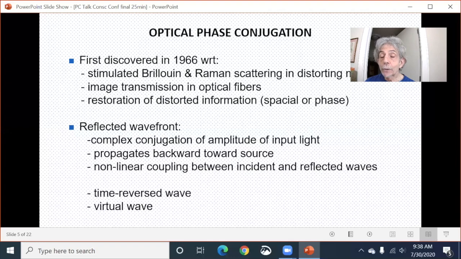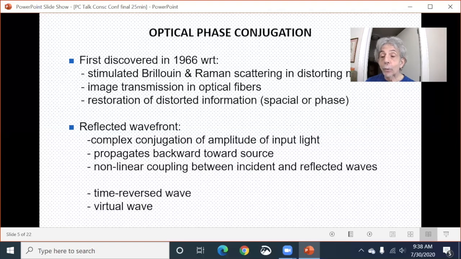That was one of its outstanding properties, why it was developed, and why they now know the nature of the reflected wavefront. The beam that bounces back is technically called the complex conjugation of the amplitude of the input light wave. That's a mouthful, but nonetheless, that's a mathematical description.